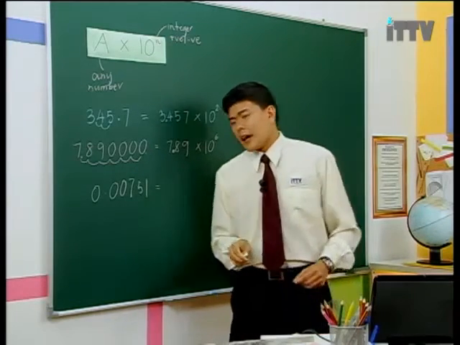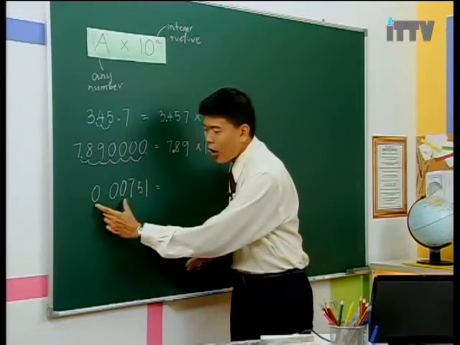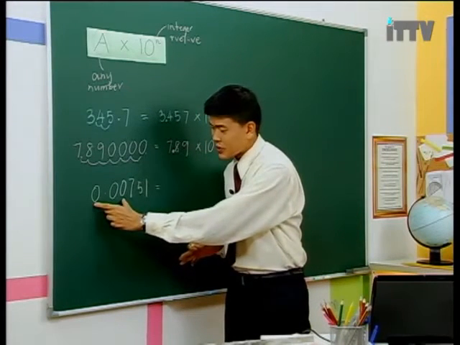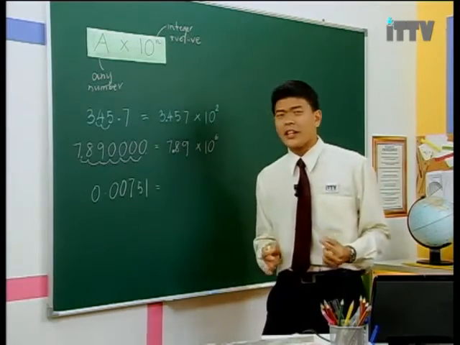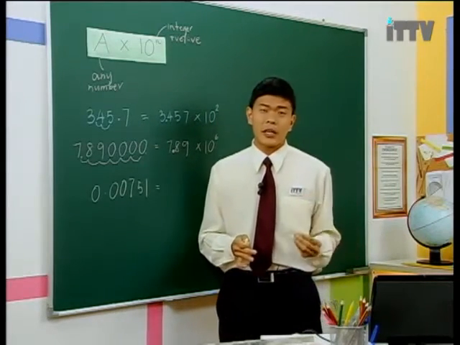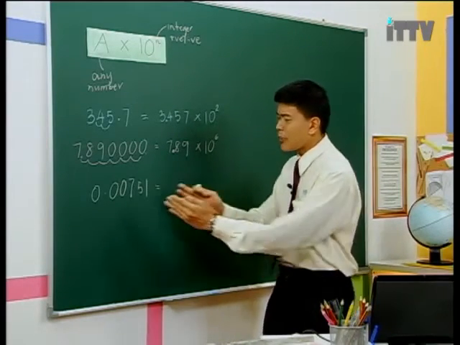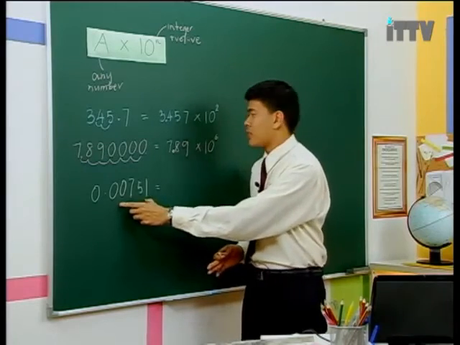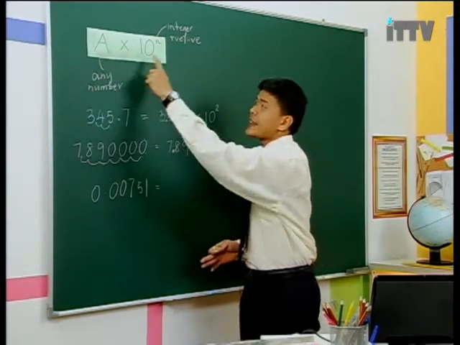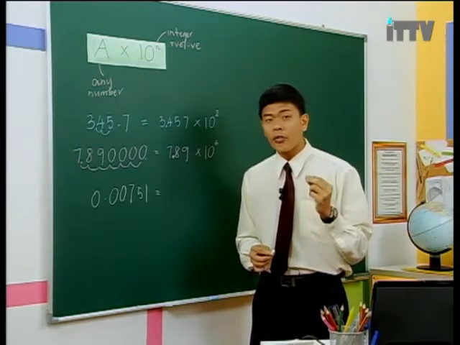So boys and girls, this is a number that is less than 1. All the zeros that are before 7. Right, so how do we convert it? It is the same 5 basic steps, which is the first, you must remember to separate this number into 2 parts as a product of A times 10, an index number to the power of n.